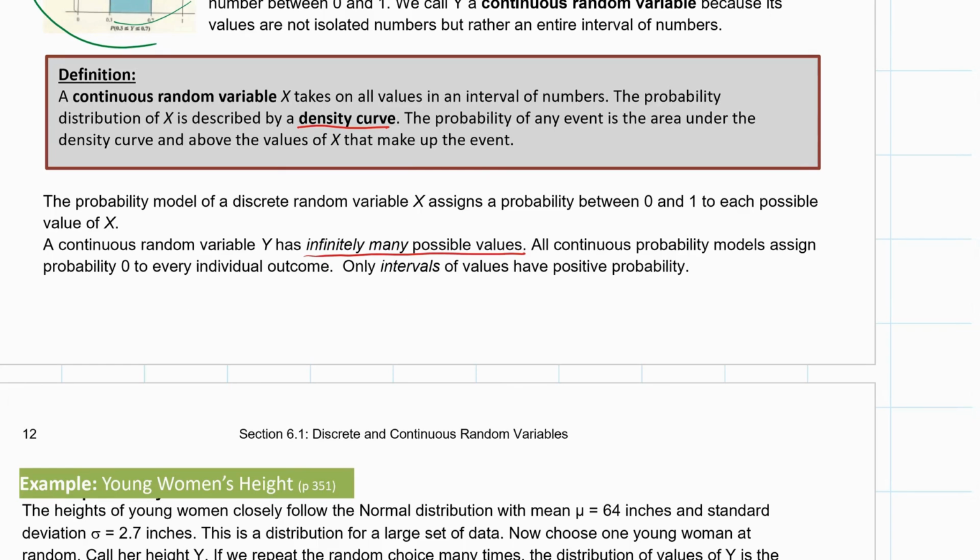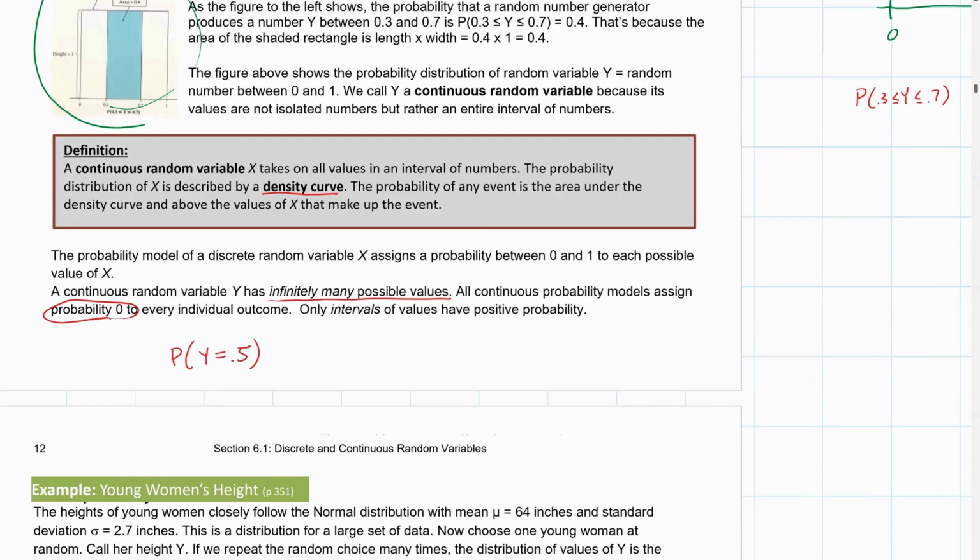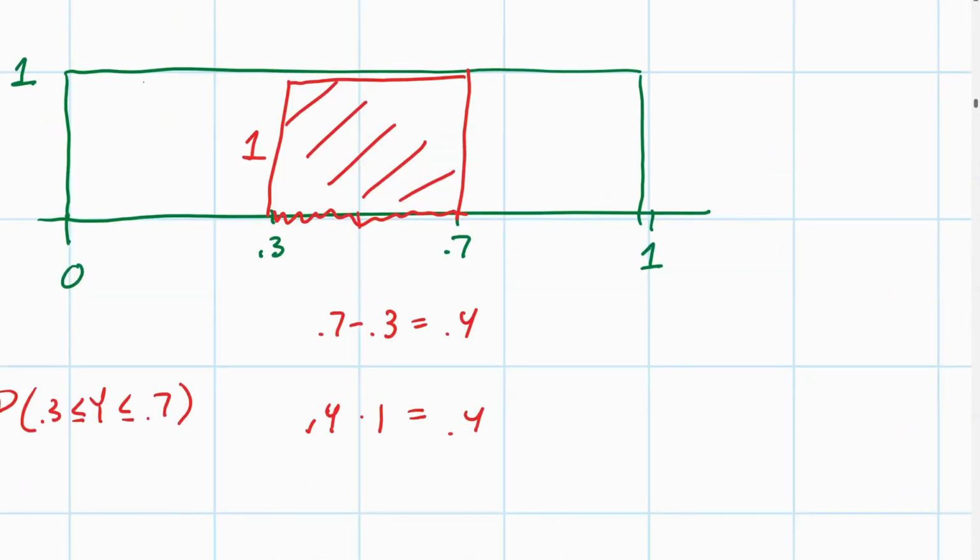Okay? Now, continuous random variables have infinitely many possible values. We are going to define that the probability of any one event, let's say in that previous example, the probability that y is exactly 0.5. If I go back to that drawing, where's the outcome 0.5? It's that line at 0.5.